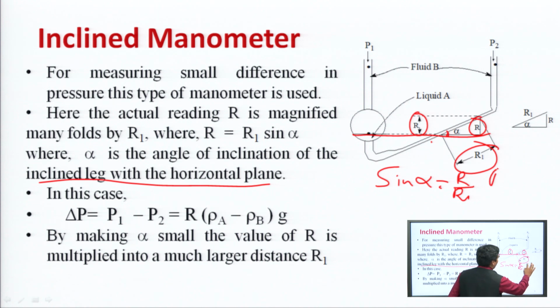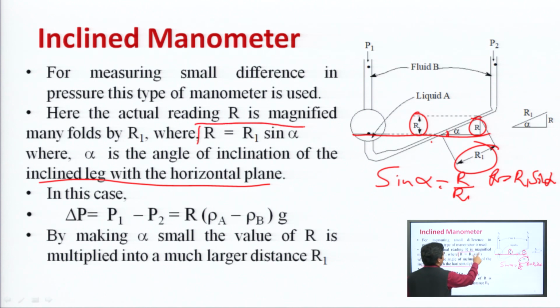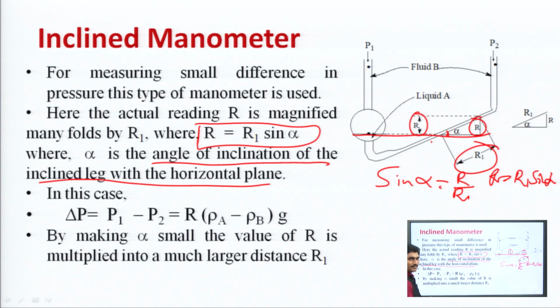So, R is equal to R 1 sin alpha, where alpha is the angle of inclination of the inclined leg with the horizontal plane.